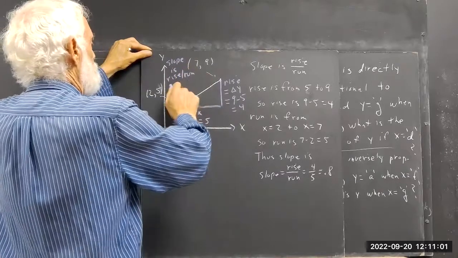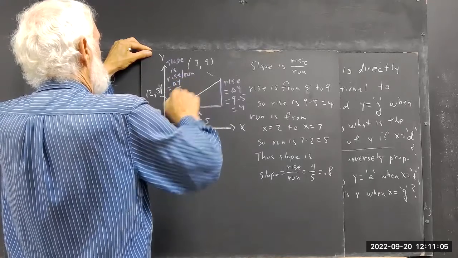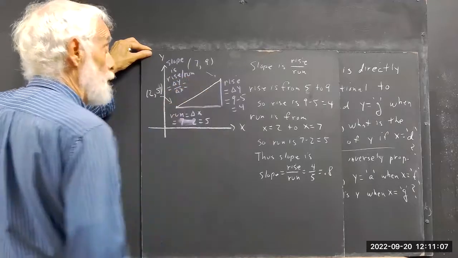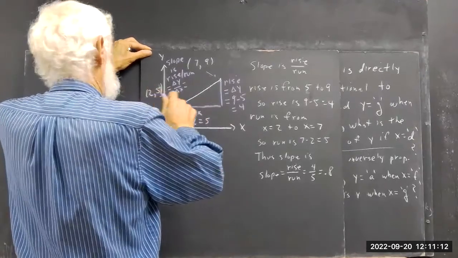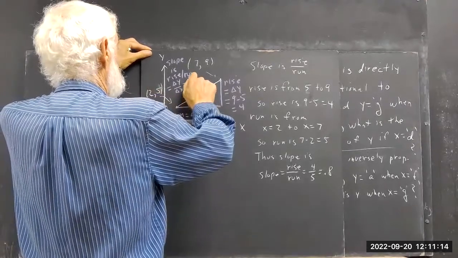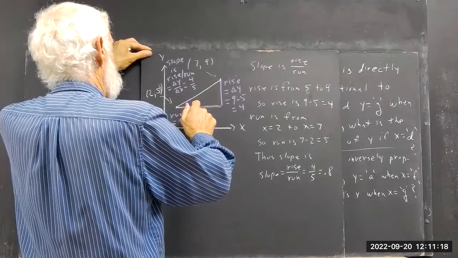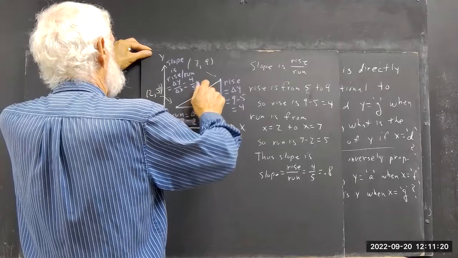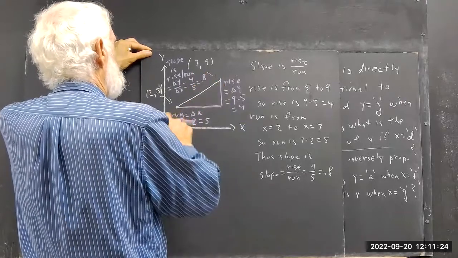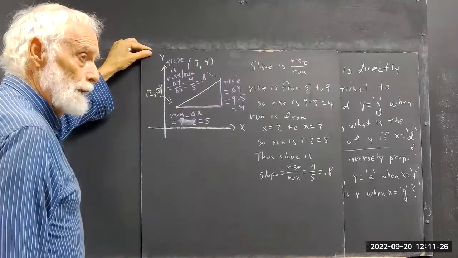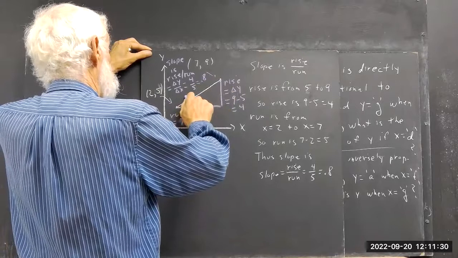Slope is rise over run, which is change in y divided by change in x. And that's equal to 4/5, or 0.8.